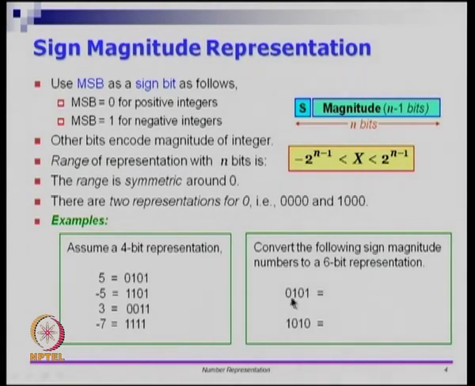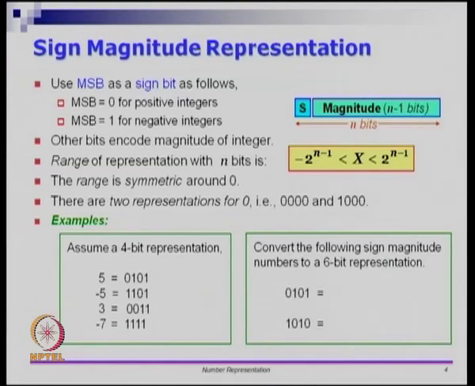0101 is a positive number and the value is 5, and we want that represented in 6 bits. We should still start with the most significant bit as 0 because it is positive, and instead of 3 bits for 101 we will need 5 bits, so it is 00101.